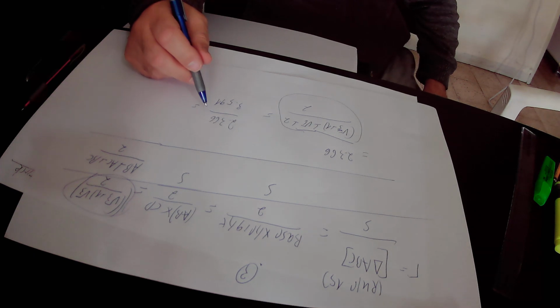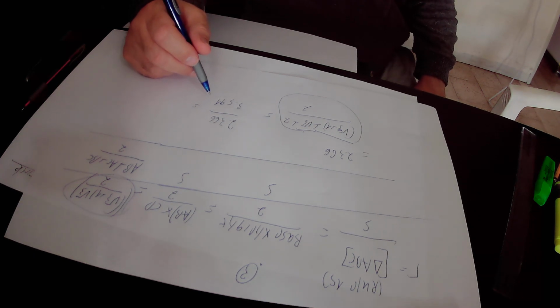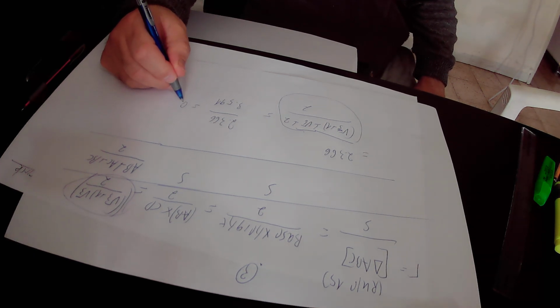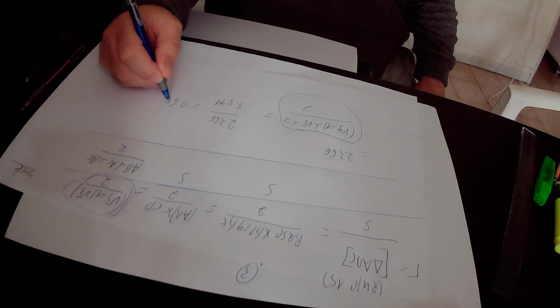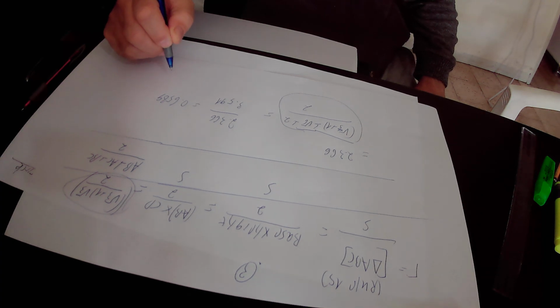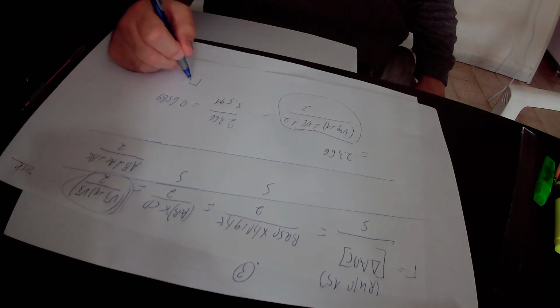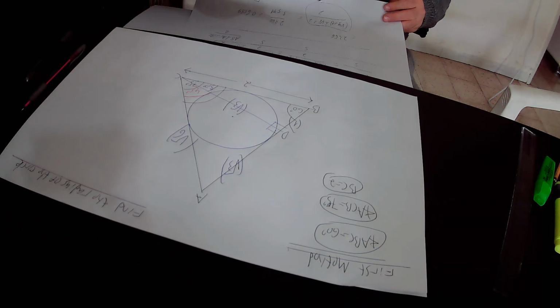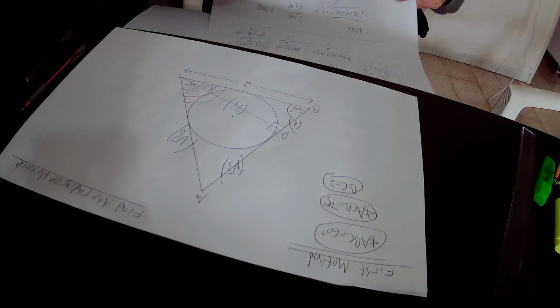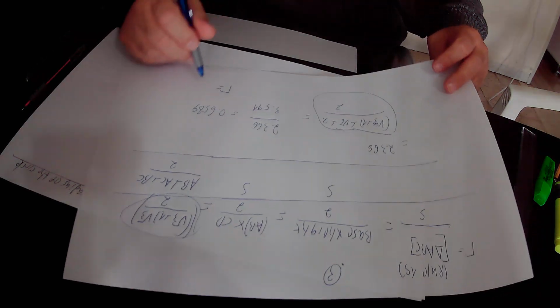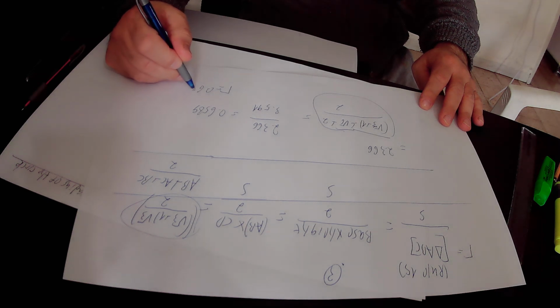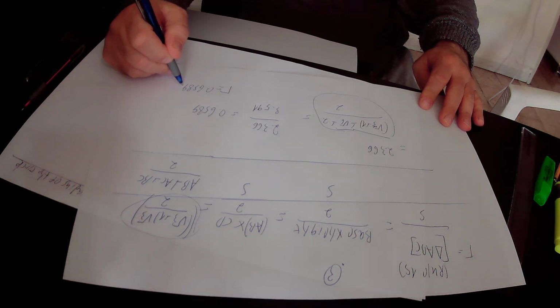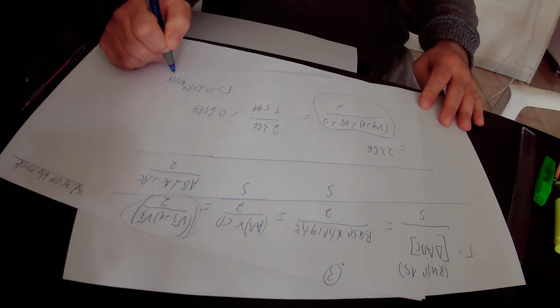And 2.366 over 3.591 is equal to 0.6589. So the radius R of this circle, that is the radius we are looking for in this question, equals 0.6589 units. And that is the answer to our question.